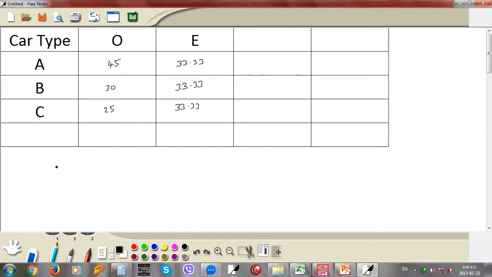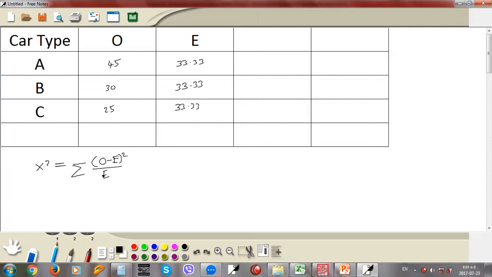So what is the equation to find the chi-square? Chi-square value equals sigma of observed frequency minus expected frequency, squared, divided by expected frequency.